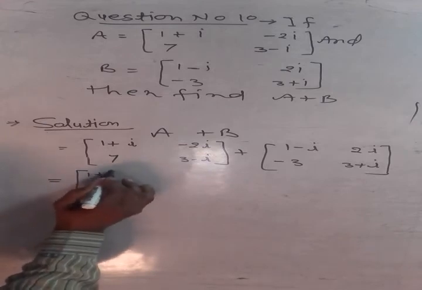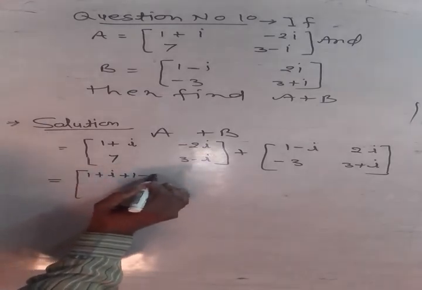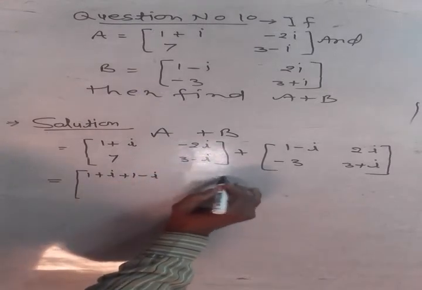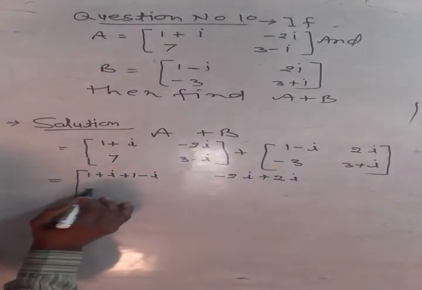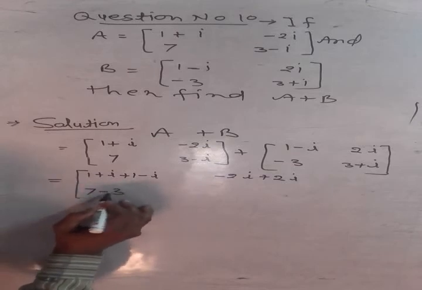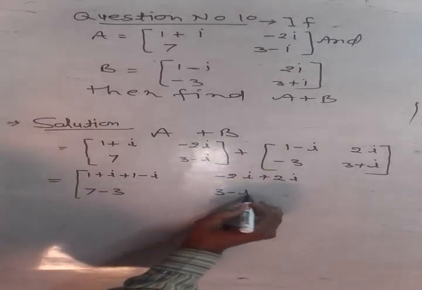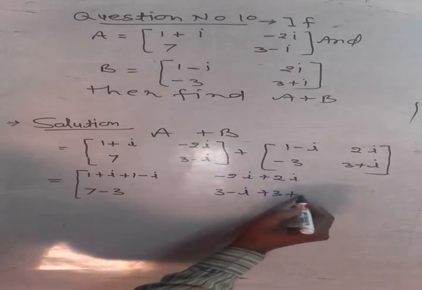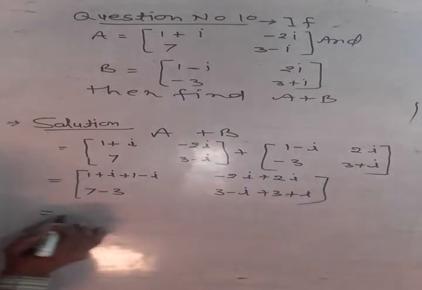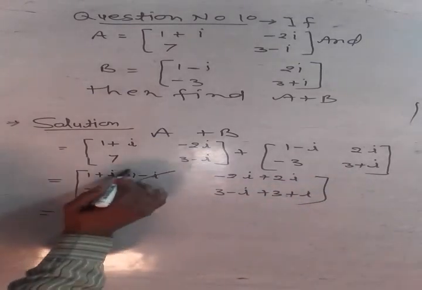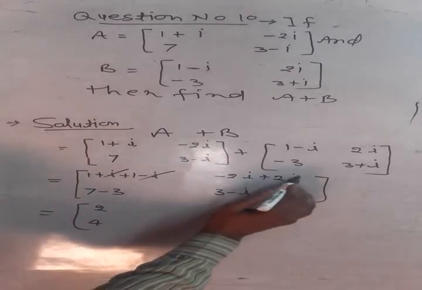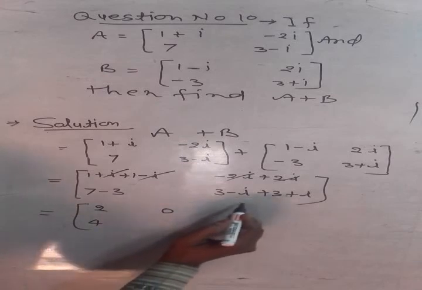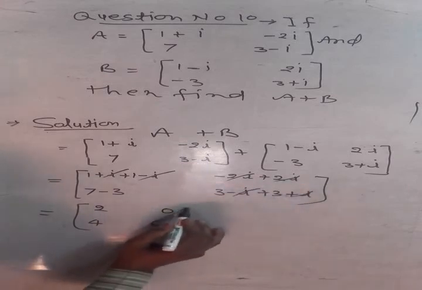That is 1 plus i plus 1 minus i, minus 2i plus 2i, 7 minus 3, minus i plus 3 plus i. Minus i plus i cancel, giving 2 0, 4 6. That is the answer.